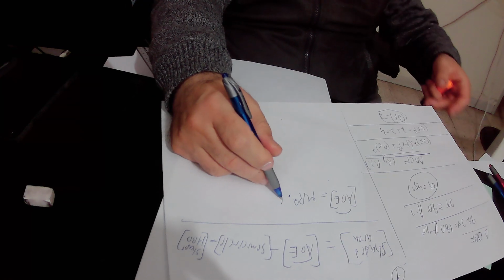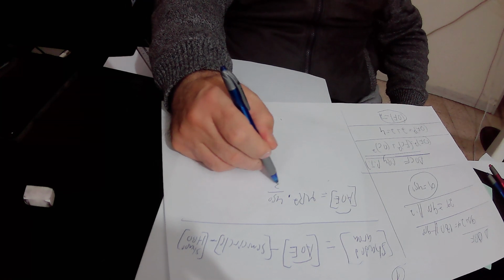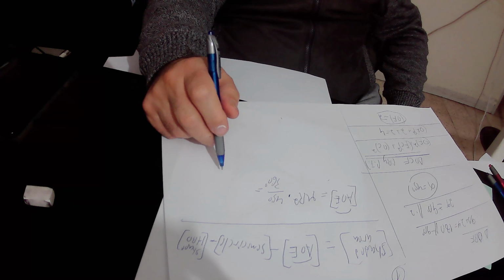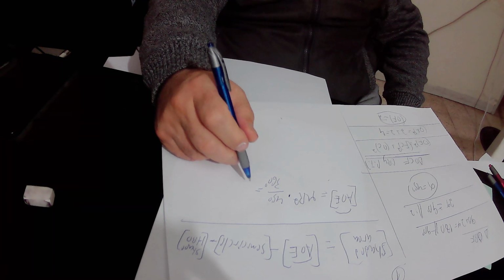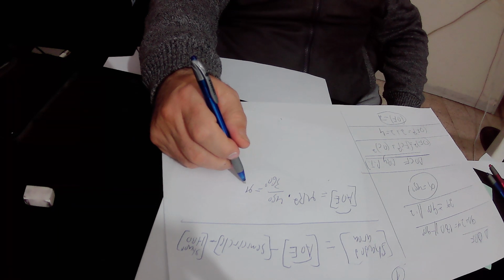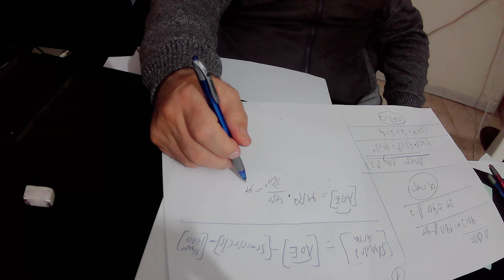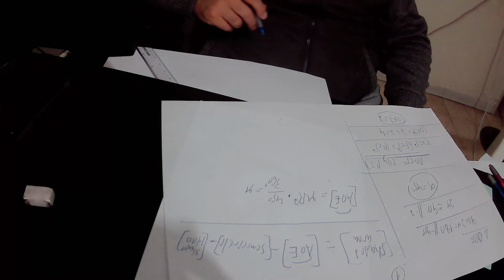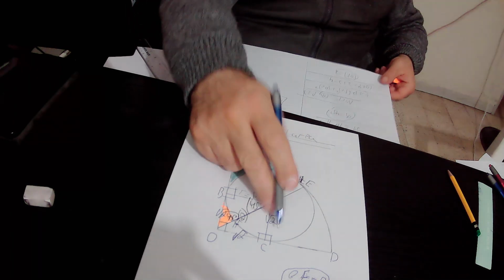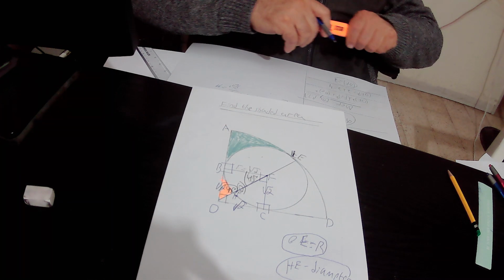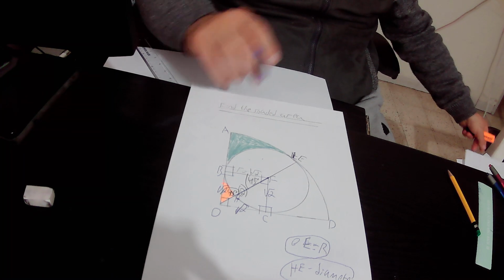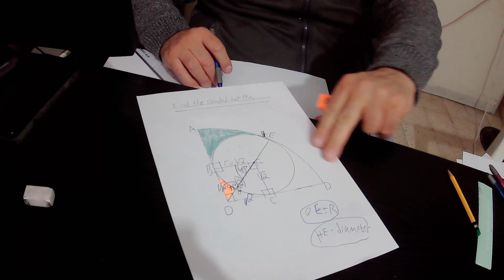So it is 45 degrees over 360 degrees. So it is pi, and we already found out that capital R, the radius of the big circle, what is the radius of the big circle? Actually, we have to find out the radius of the big circle here.